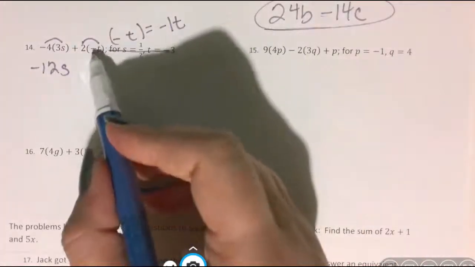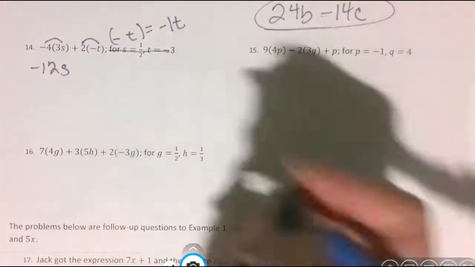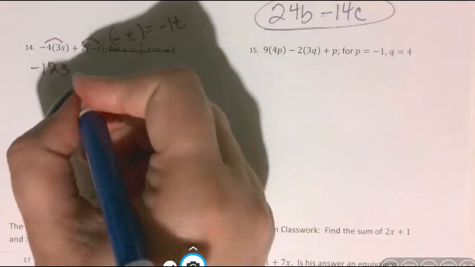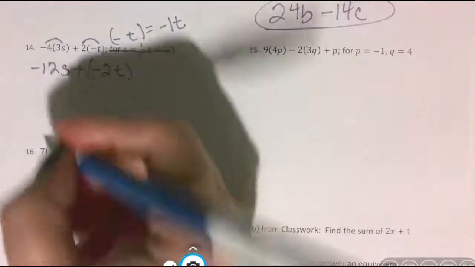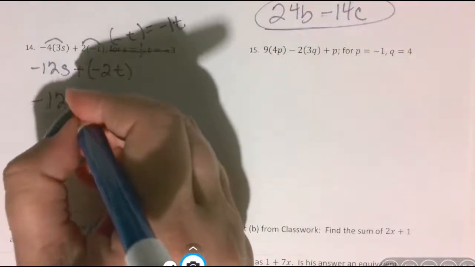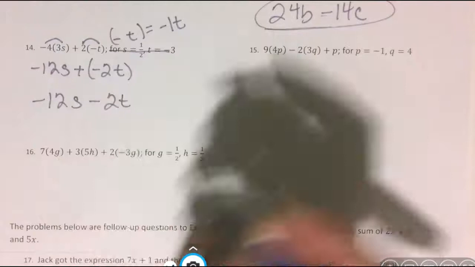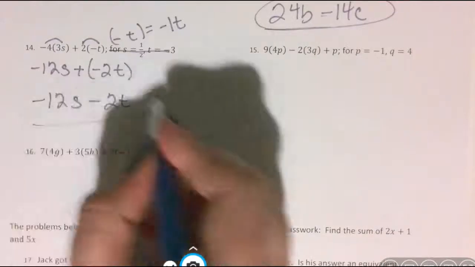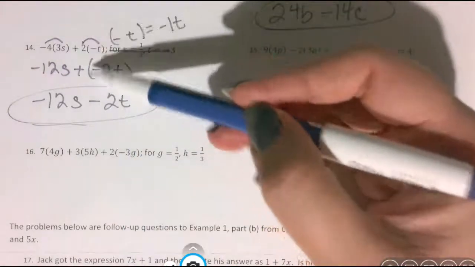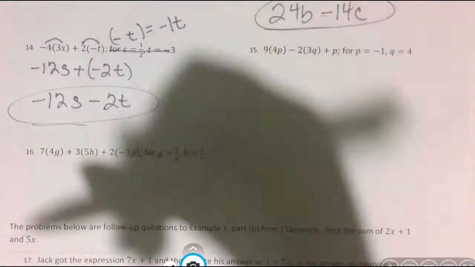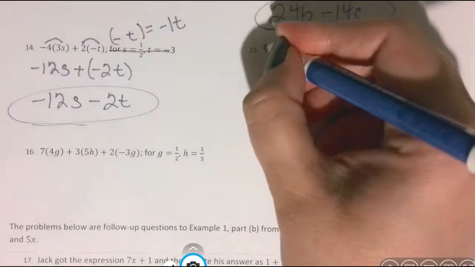So in this case where it's negative T, that would mean negative 1T. So that would be plus negative 2T, and then I prefer minus 2T, just like this. Standard form. Again, this is also appropriate. These are equal to each other. They are equivalent.